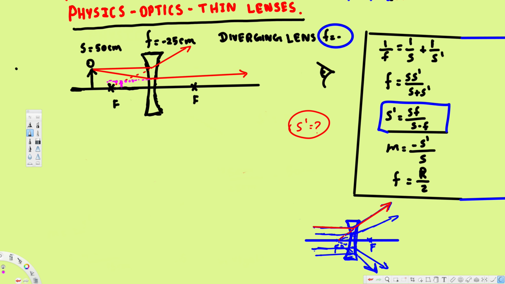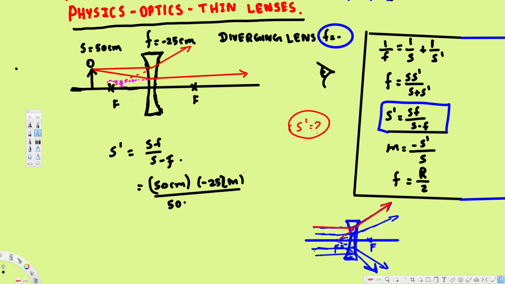Now we have to find out exactly what the distance is going to be. To find that, we can use this formula: S prime is equal to SF over S minus F. Let's go ahead and do that. S is the object distance, that's 50 centimeter, times the focal length, that is negative 25 centimeter, and in the denominator we have S, 50 centimeter, minus the focal length, minus 25 centimeter.